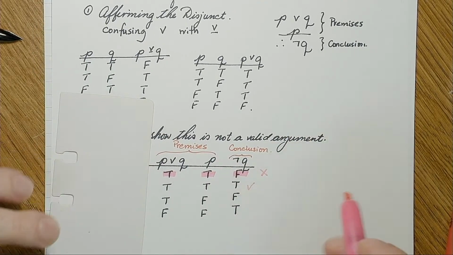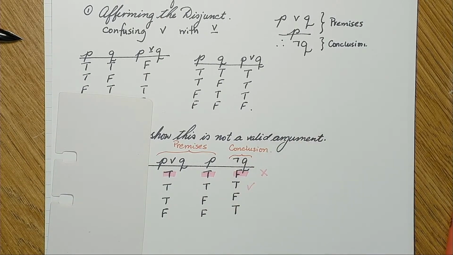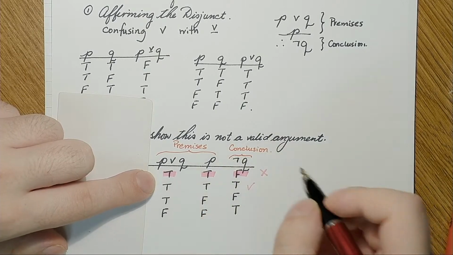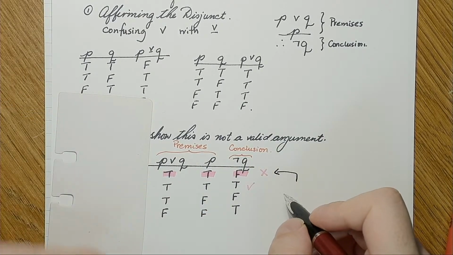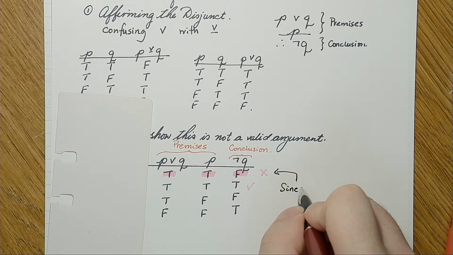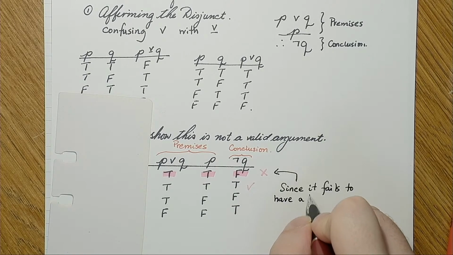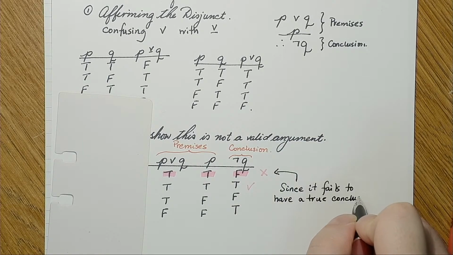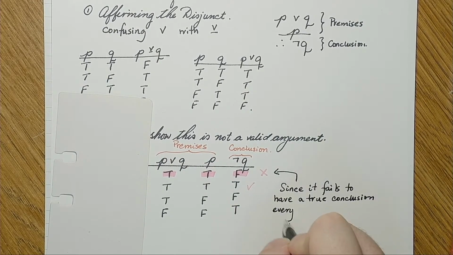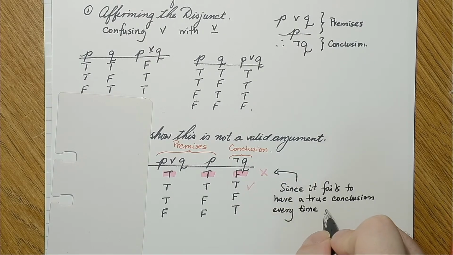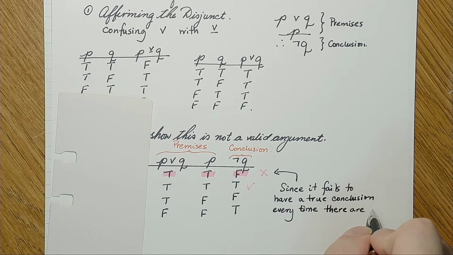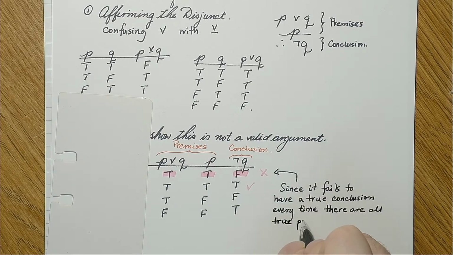But because it does not always give us a true conclusion when we have true premises, it's invalid. Therefore, it's a fallacy.